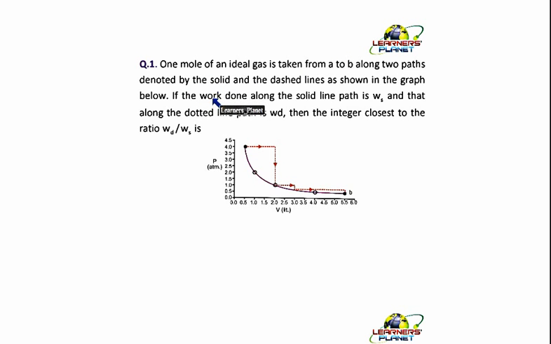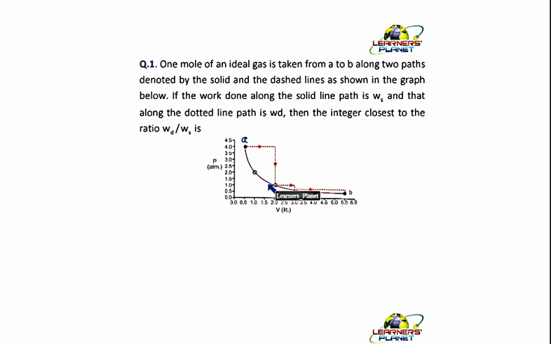See, this is one question, that is 1 mole of an ideal gas is taken from A to B along two paths denoted by the solid and the dashed lines as shown in the graph below. See the graph below. An ideal gas is taken from this point A till B along the two paths.